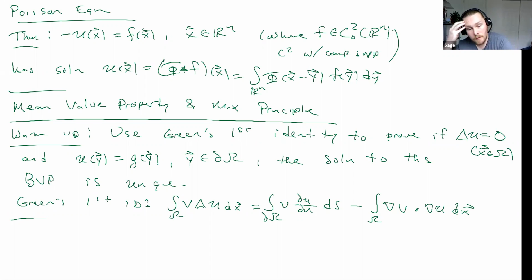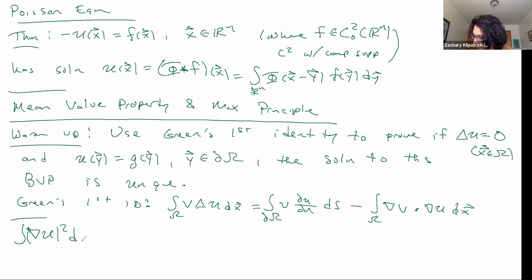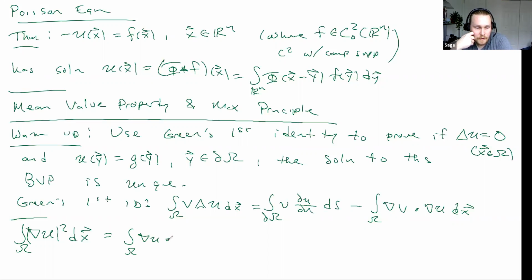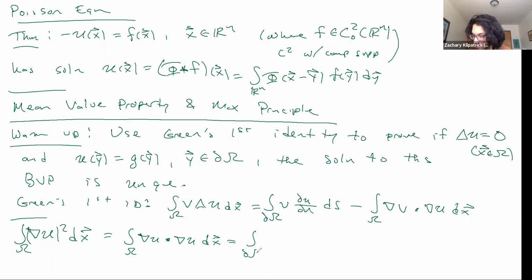I started by looking at the integral of the square of the magnitude of the gradient of u, because that kind of matched the form of the integral on the right. You can rewrite that as grad u dot grad u. Then you solve Green's identity for that last term, so set it equal to the difference of the other two terms.